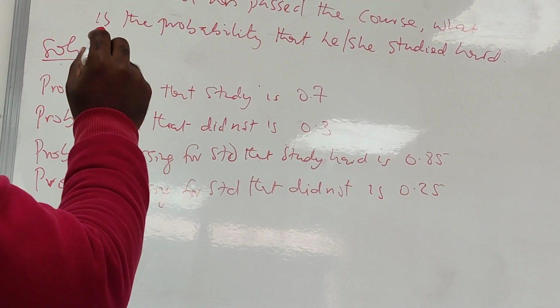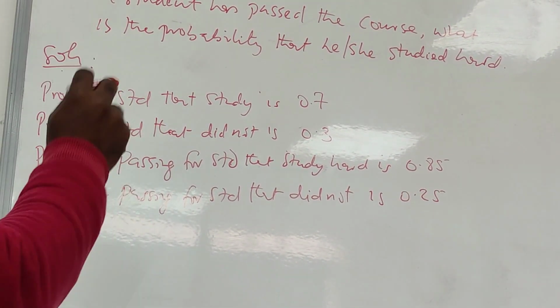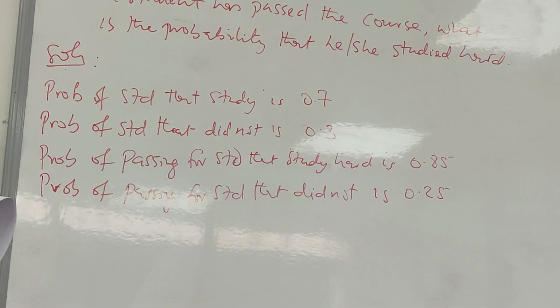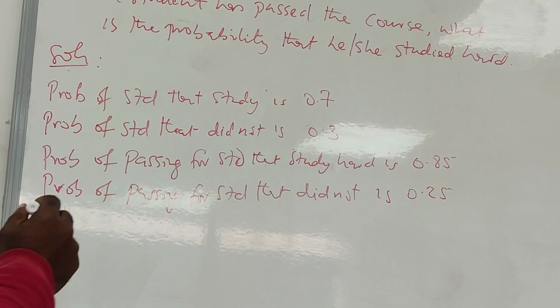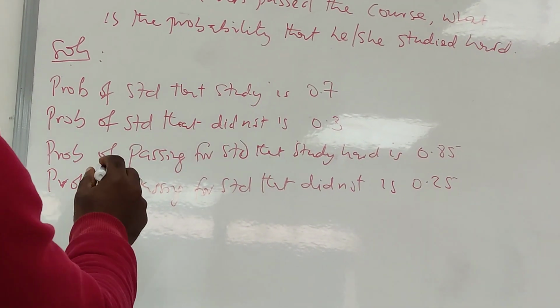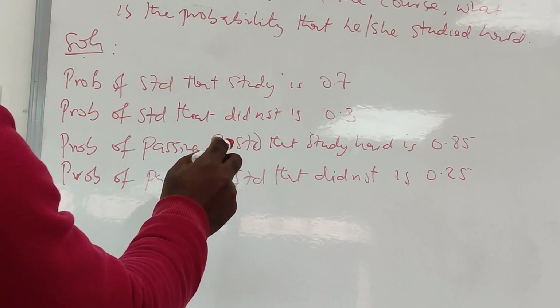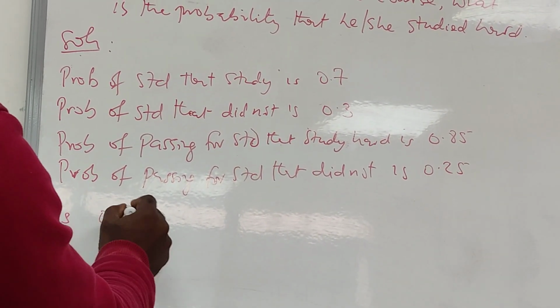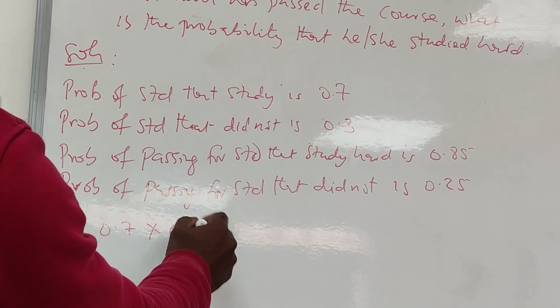Now, probability of students that studied hard and they passed is 0.7 multiplied by 0.85.